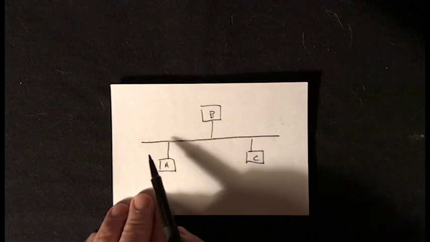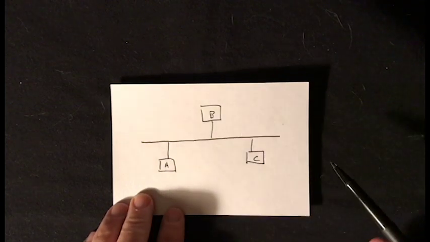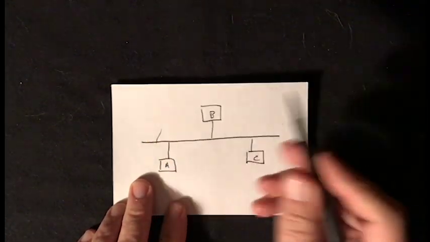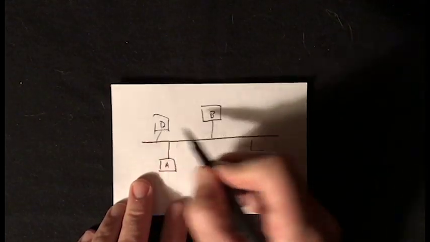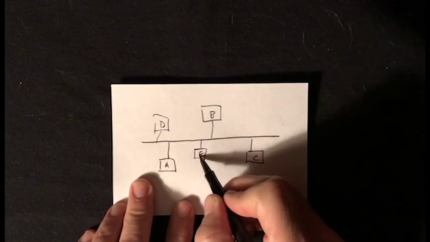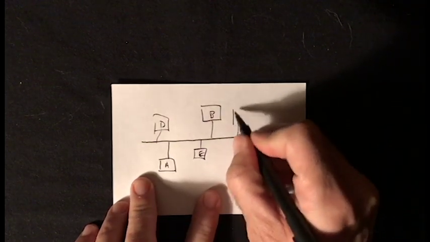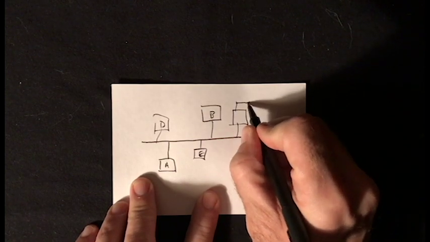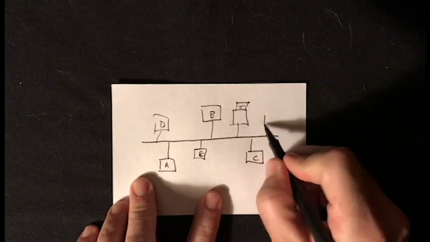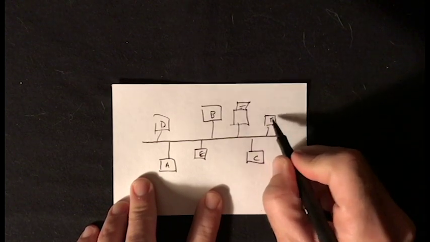So the bus style networks worked great until you started adding on D, E. See, we got the new laser printer in, and everybody wants to use the laser printer, right? And so more and more people started joining our network.